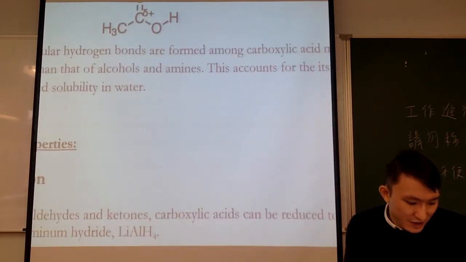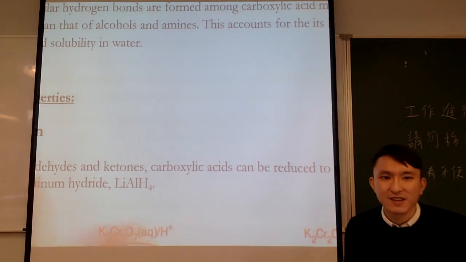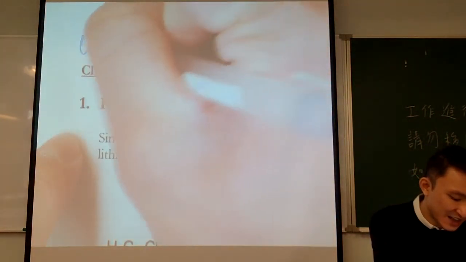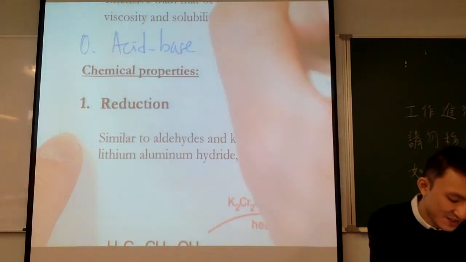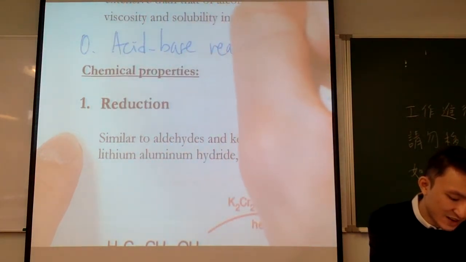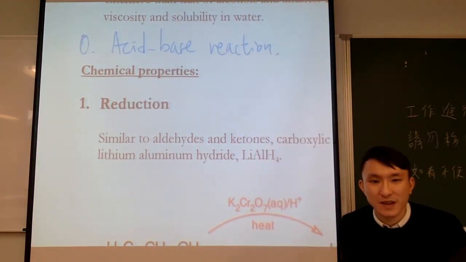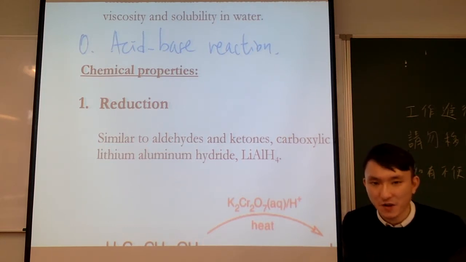Now let's look at the reactions. Actually, the first reaction is not reduction. The first reaction is the acid-base reaction. This one I did not include here because it's supposed to be a Form 4 topic. You already learned one carboxylic acid, which is ethanoic acid, in Form 4.